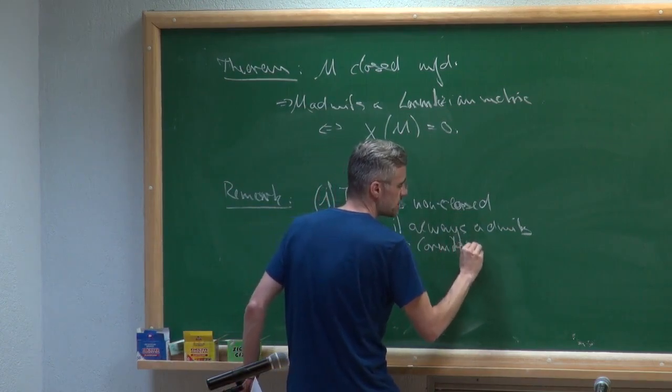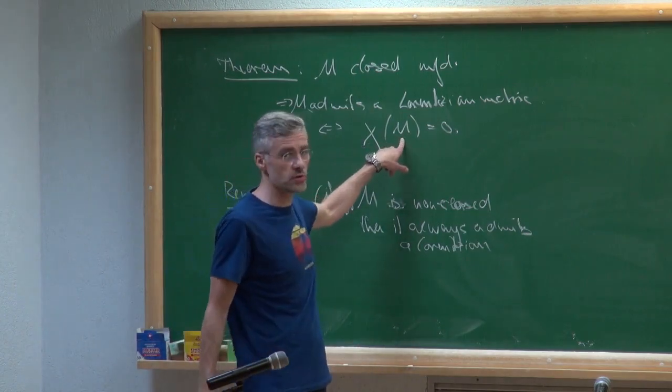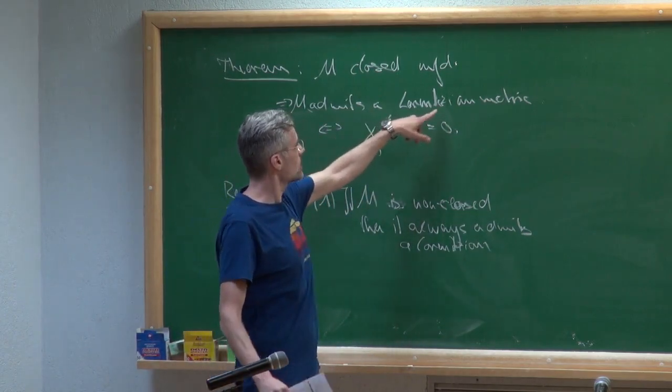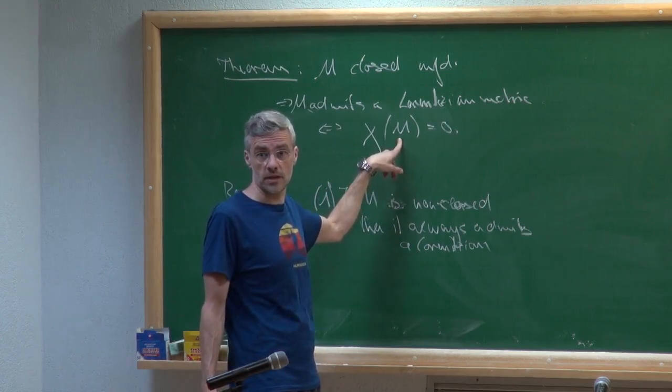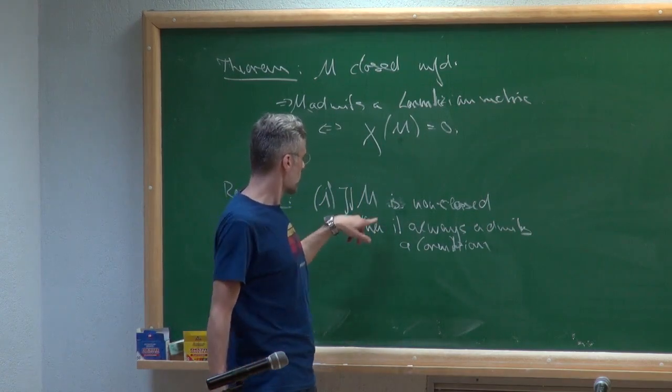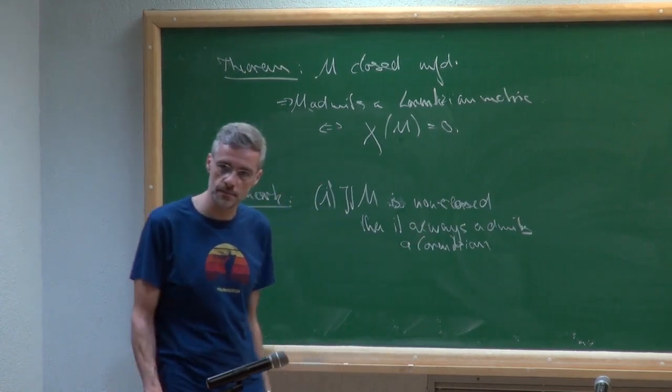For the simple reason, when you remember the proof, the idea was to show that the existence of a Lorentzian metric is equivalent to the existence of a section. And if you have a non-closed manifold, the projective tangent bundle always has a section.